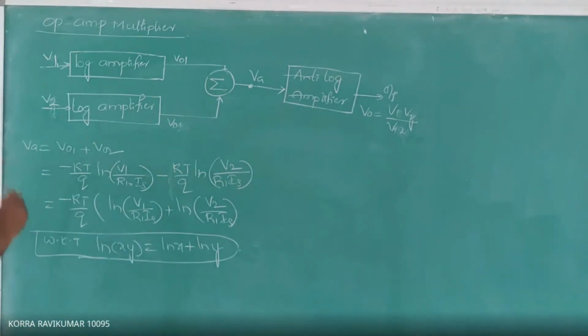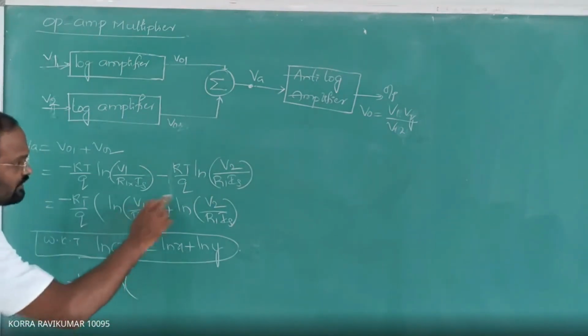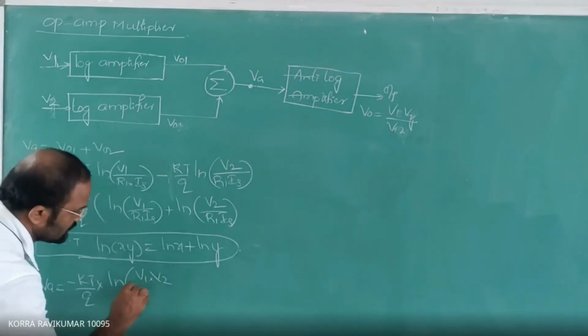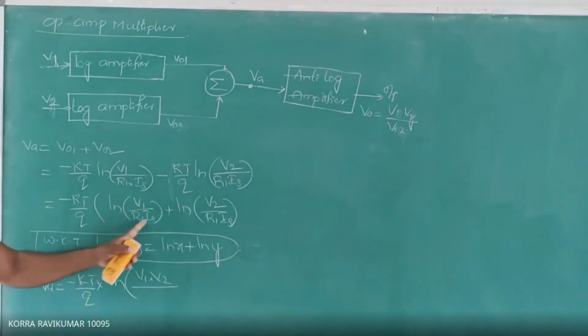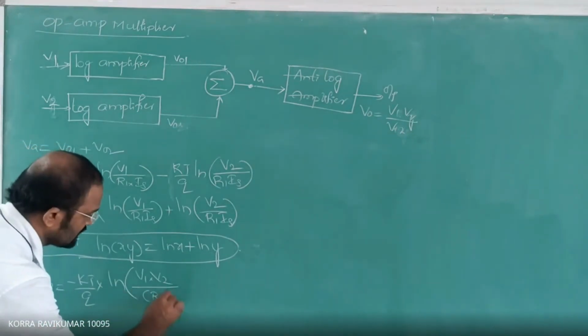So VA is equal to minus KT by Q into natural logarithm of V1 into V2 divided by R1 into IS square, R1 into IS square.